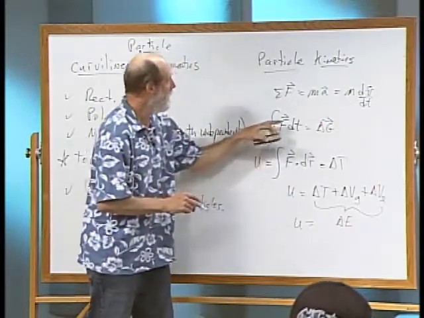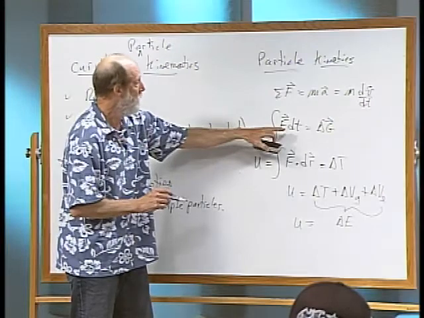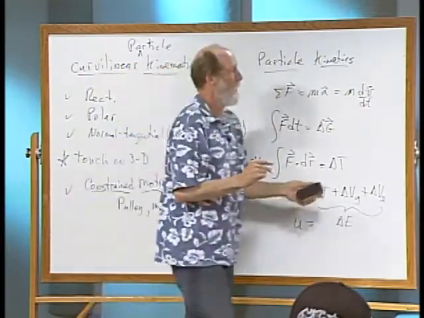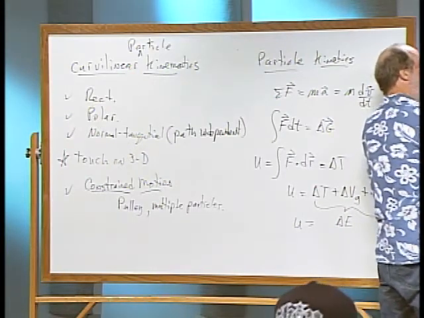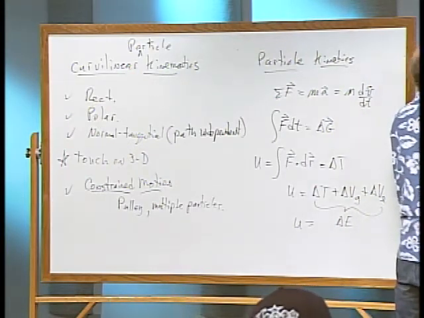Okay. The other concept, let me go to the next board, is we had angular impulse defined, remember, as r cross mv.